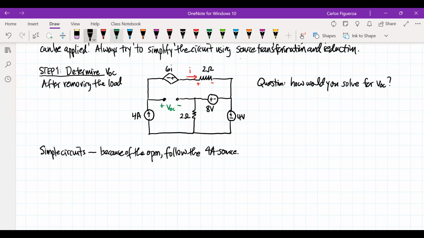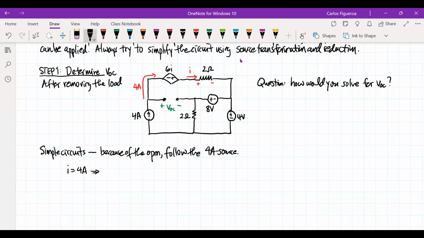The current from the source goes in which direction? It goes up like this, and here's my 4 amps. And you can see that I and the 4 amp source are in series. So we can immediately conclude that I is 4 amps.